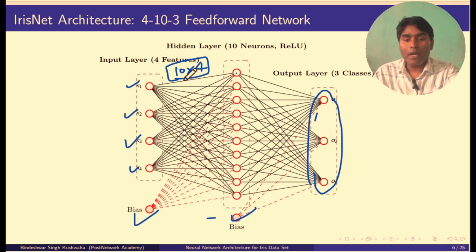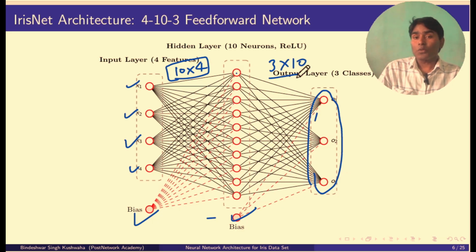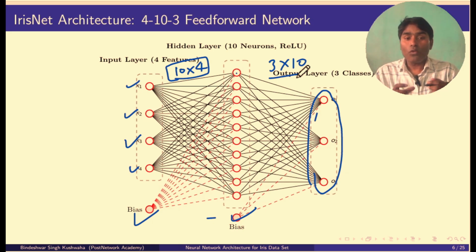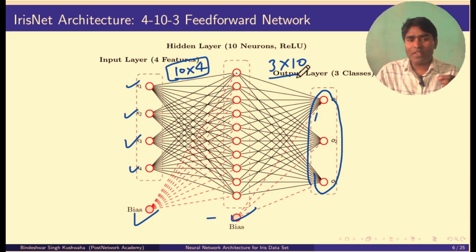We will have a 10 cross 4 weight matrix, and here we will have a 3 cross 10 weight matrix. So basically I will emphasize that this neural network will learn weight matrices, and using the weight matrices we can infer a class for an input data point. I will show you so that your understanding will be very clear.